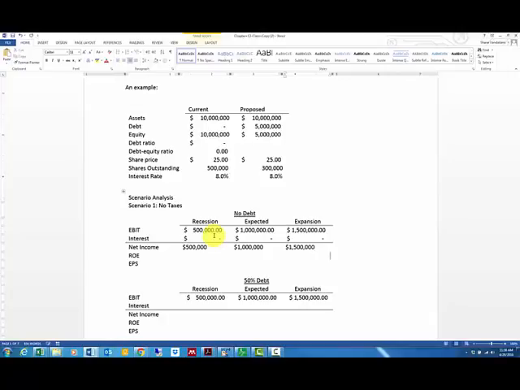Our return on equity is our net income divided by the amount of equity we have. So we have $10 million in equity, so we would divide our net income by our total equity of $10 million.